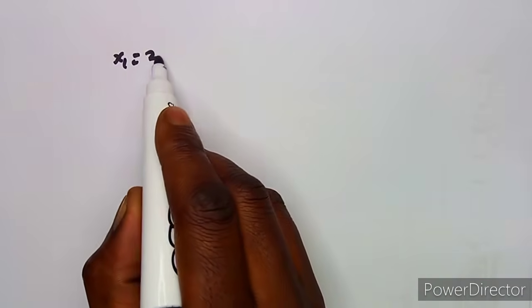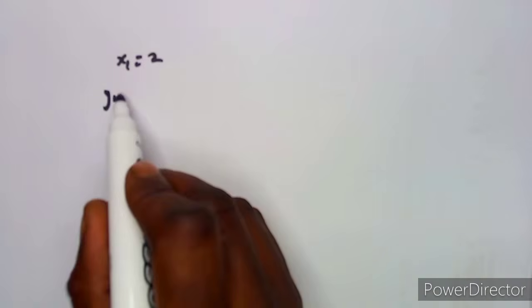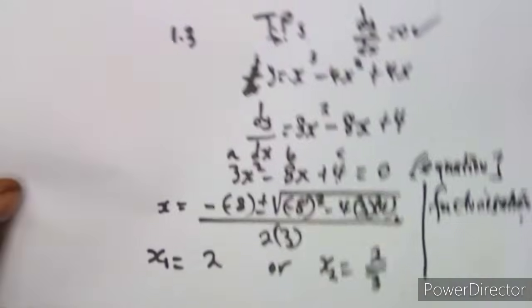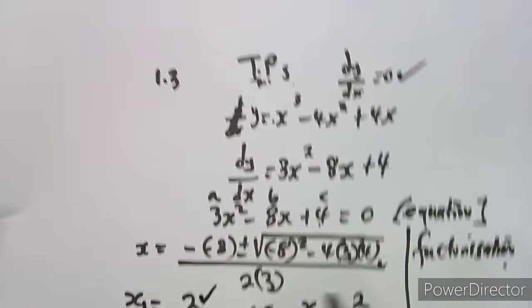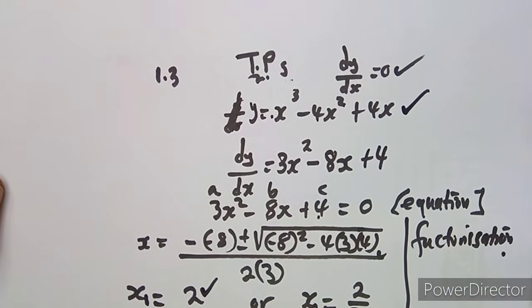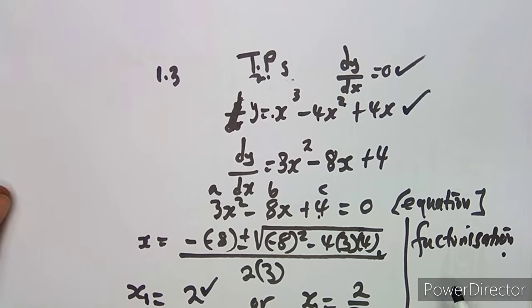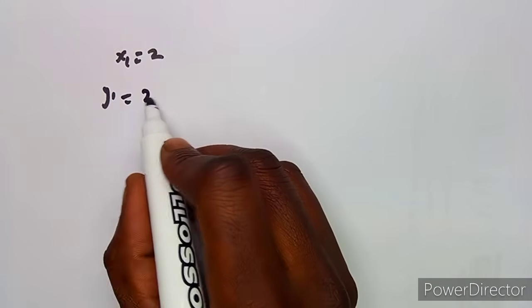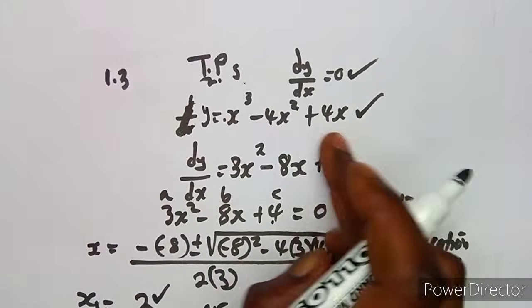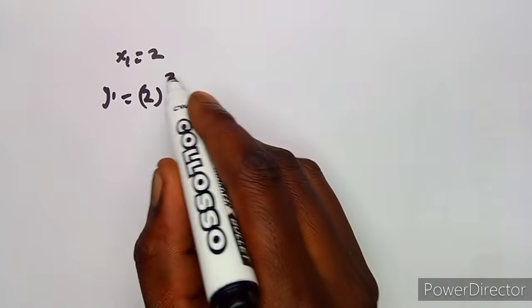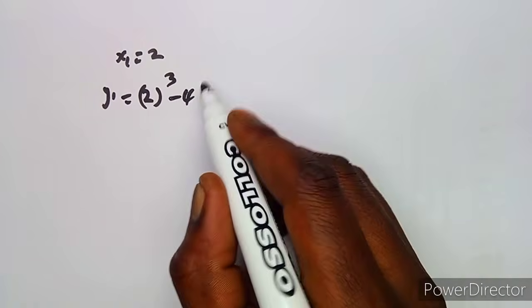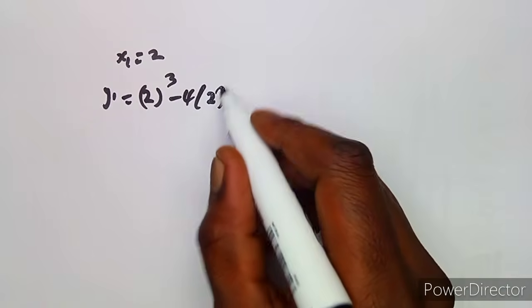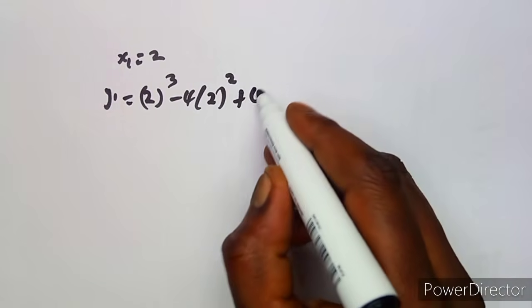When x1 is 2, we can find y1. We're going to substitute x into this expression of y, as it is. So you have 2 to the exponent of 3, minus 4 by 2 to the exponent of 2, plus 4 into 2.